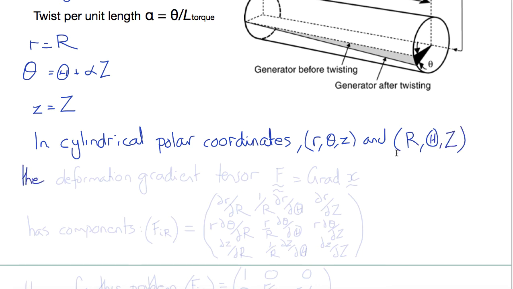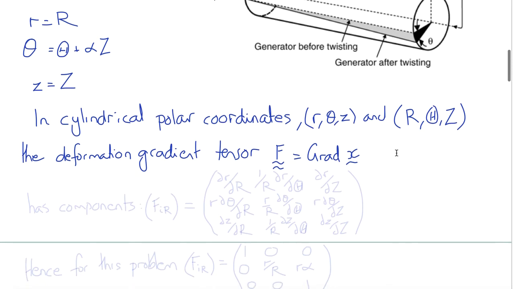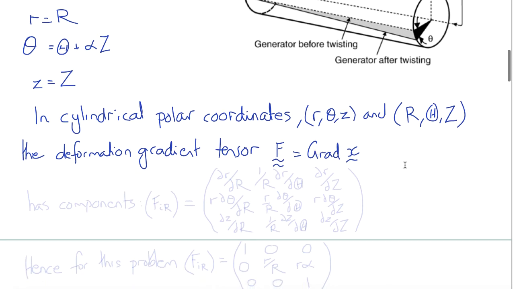So the deformation gradient tensor would no longer just be partial derivatives, and in fact the proper definition in polar coordinates of the grad of x, where the capital G indicates a gradient with respect to undeformed coordinates, would look like this, where the components F_iR would be del little r, del big R, just as you'd expect.